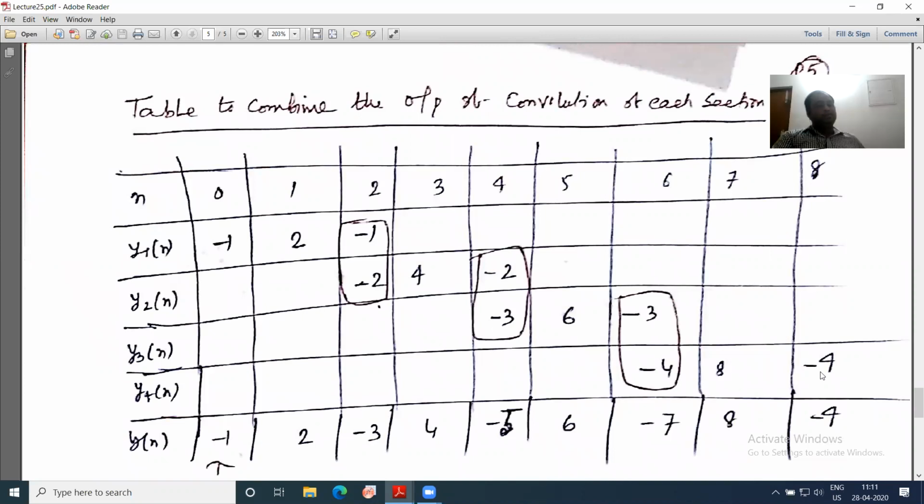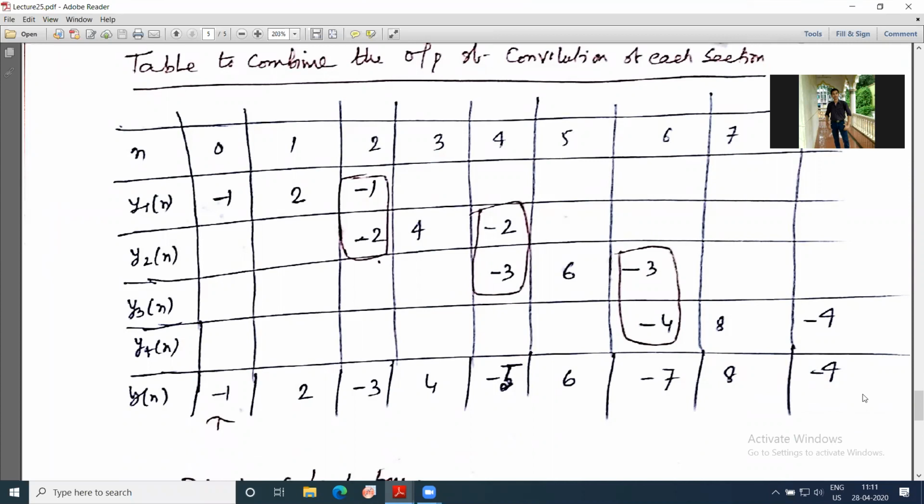I have written y of n, then y1 of n from 0 to 2, y2 from 2 to 4, y3 from 4 to 6, and y4 from 6 to 8. Now let us combine them, assuming the rest are 0. Combining gives minus 2, minus 1, minus 3, 4, minus 5, minus 5, minus 7, 8, minus 4.